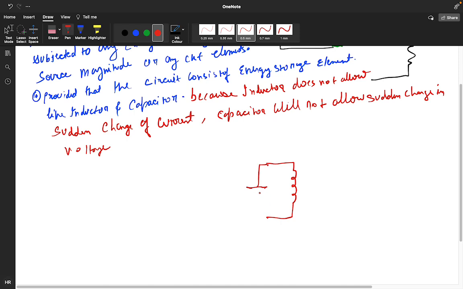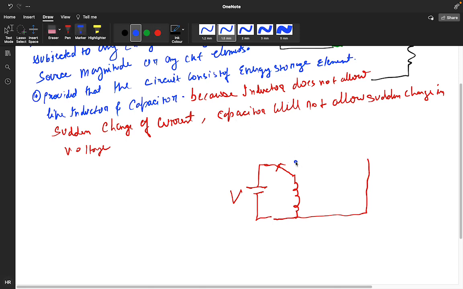So guys, what I want to say is, suppose you have a circuit like this, a particular inductor, and here I have some particular V value. Let me draw in a better way.